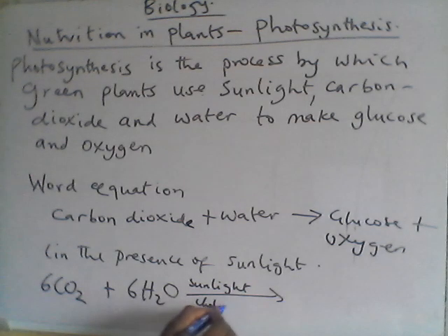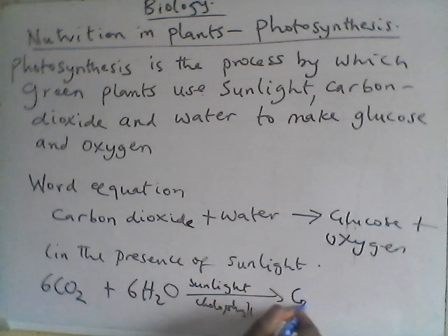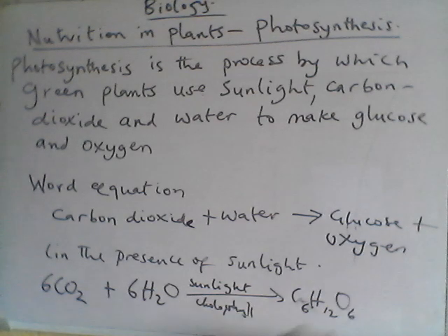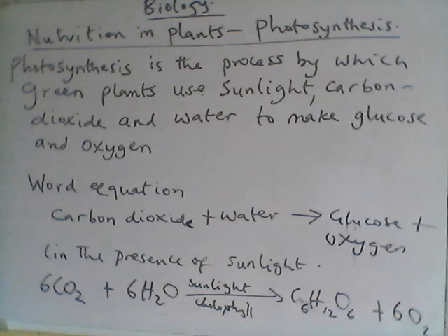Chlorophyll is the green component of the plant. Chlorophyll will give us glucose, which is C6H12O6, and oxygen is given out. Now, this is a balanced equation for photosynthesis.